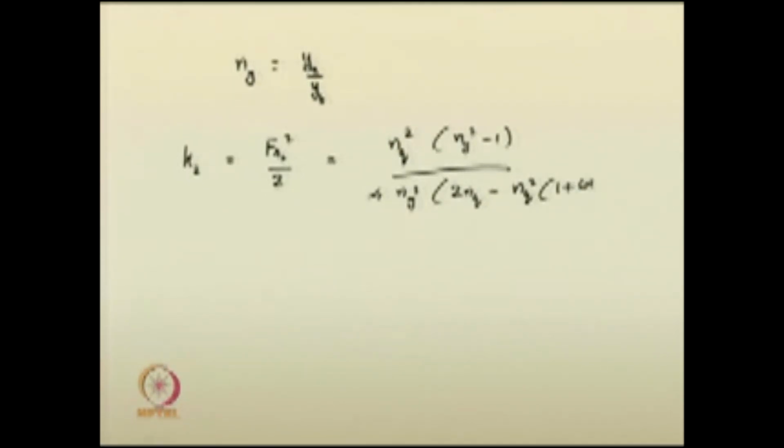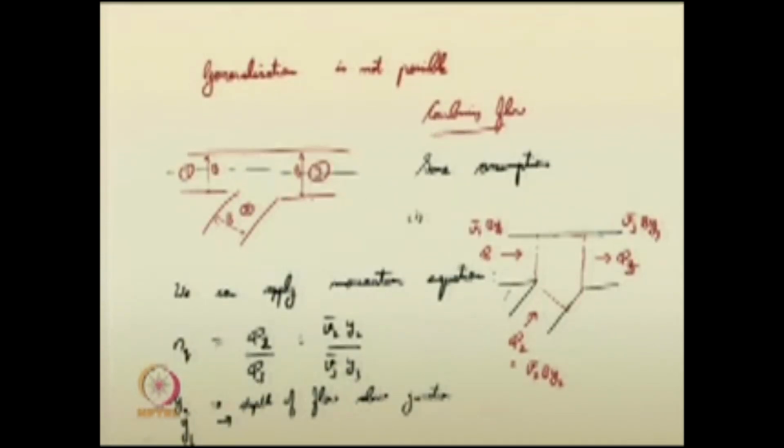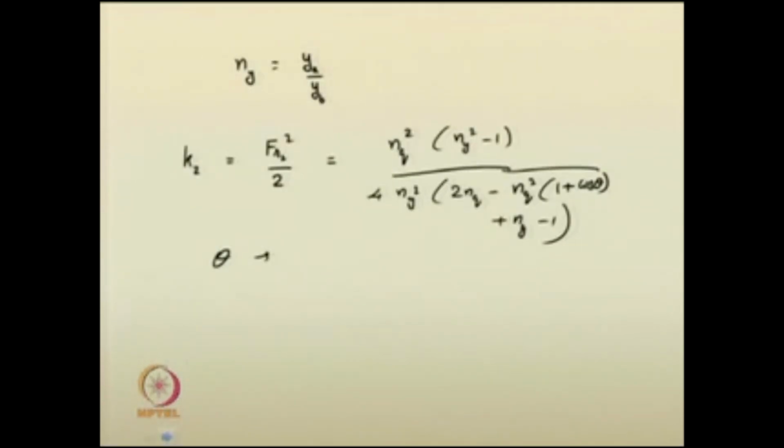So, it is nothing but NQ squared into NY squared minus 1 by 4 times NY squared into 2 NQ minus NQ squared 1 plus cos theta plus NY minus 1. Okay. Like this the denominator is there. So, where theta is the angle between two channels. So, this is the theta value, fine. Like that if it can be mentioned.